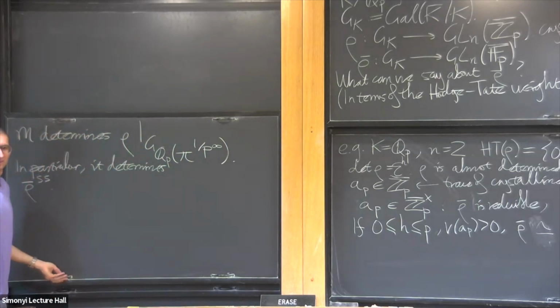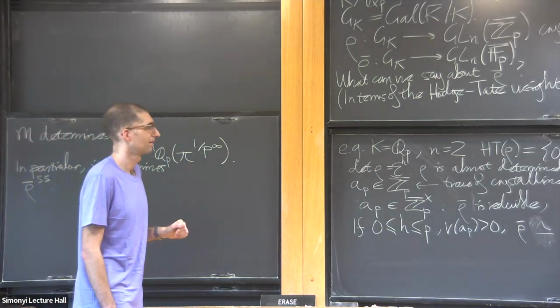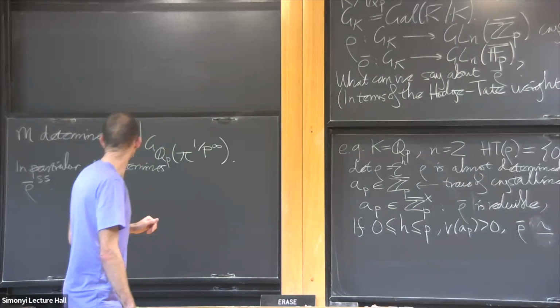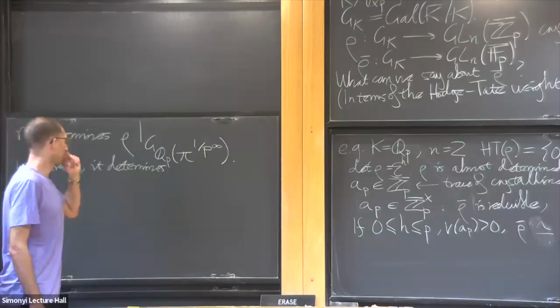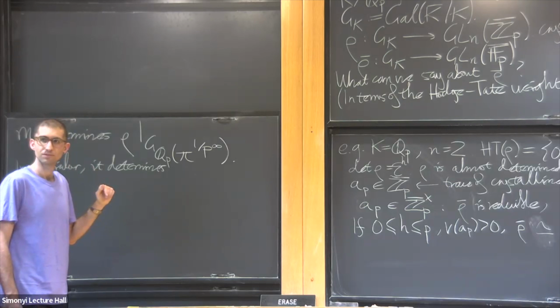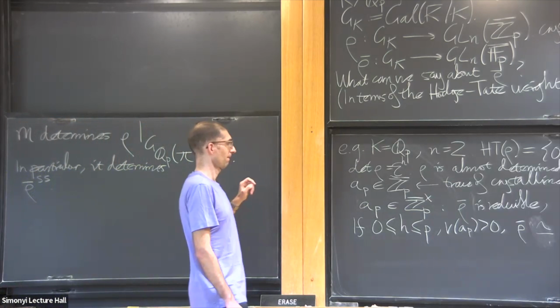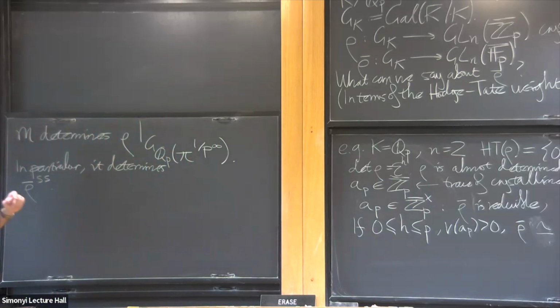I also have another stupid question. Where does the dependence on the 1/p infinity come in? I don't understand the p, because the residual representation might have order divisible by p. Rank 1 it cannot, but otherwise it could.